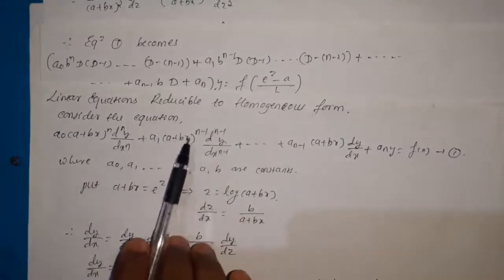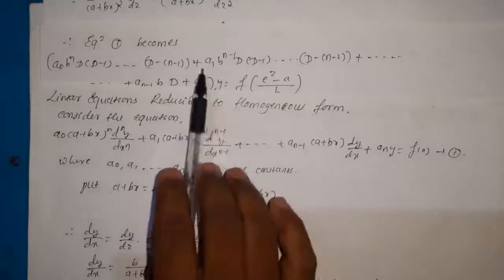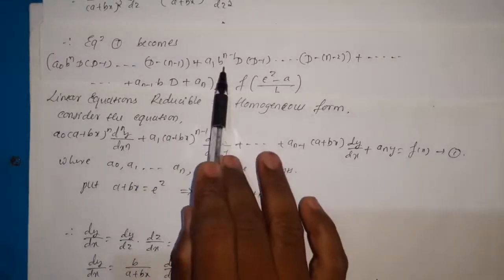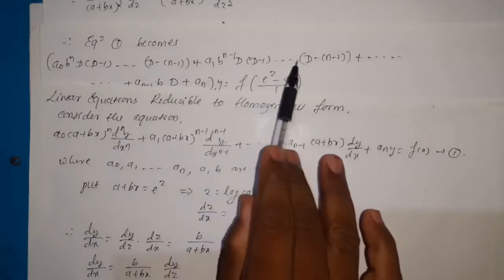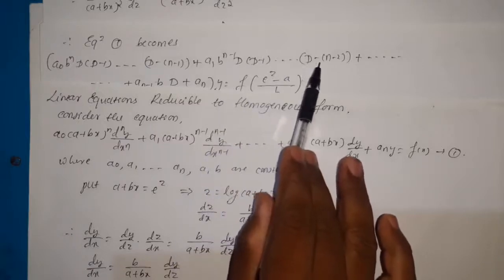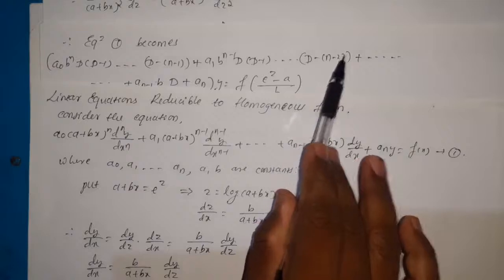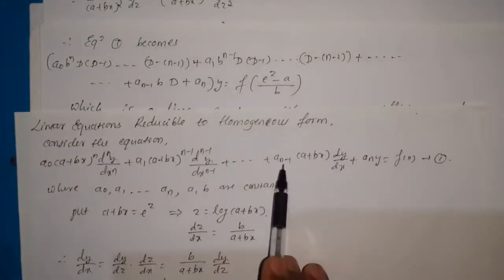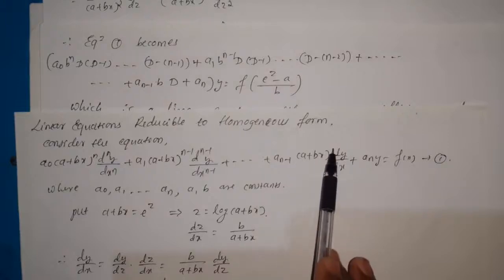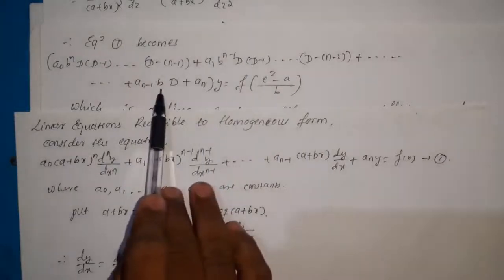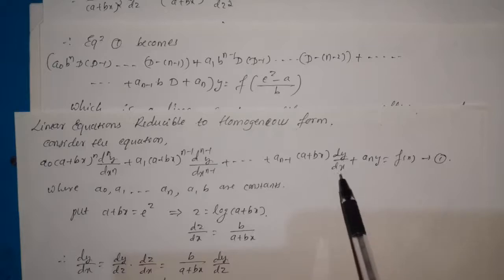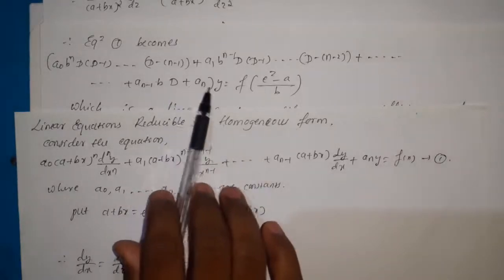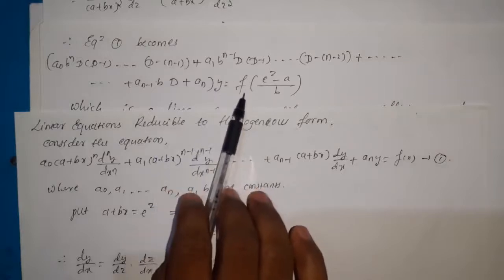For the next one, the power is n minus 1, so a1 as it is, then b power n minus 1 into D, D minus 1 and so on up to D minus of n minus 2, and so on up to the last terms, a n minus 1 times b, since its power is 1, and dy by dx becomes capital D, plus a n into y is equal to f of x.